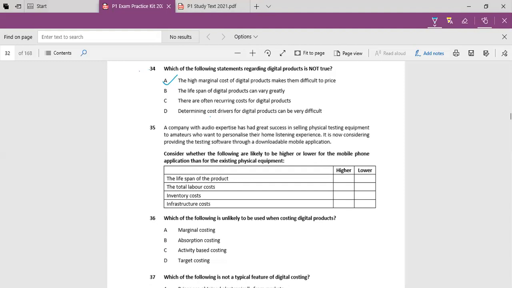First one, is it higher or lower? This audio expertise has had success in selling physical testing equipment to amateurs who want to personalize their home listening experience. So now they are considering providing testing software through a downloadable mobile application.